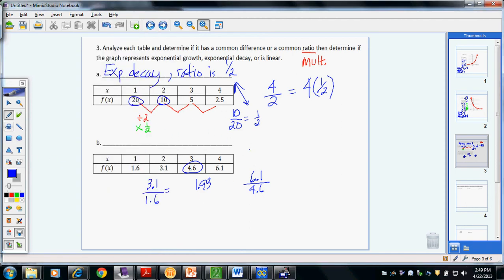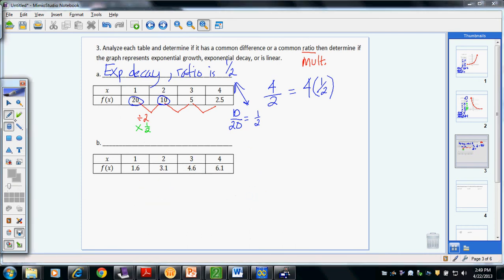So therefore we need to look for a common difference. Okay? So a difference is something that we are adding or subtracting by as we go down the line. So let's take 3.1 minus 1.6, and that will give me 1.5. So that's telling me that if I add 1.5 to 1.6, it gives me 3.1.